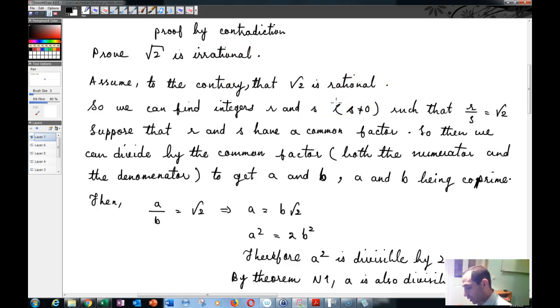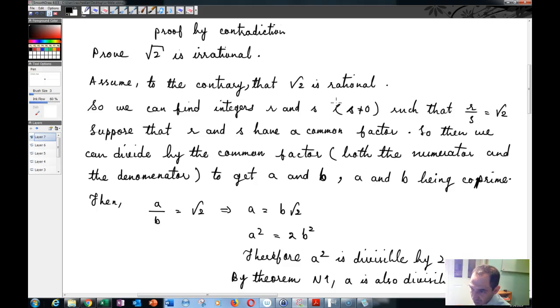And then you have to take the kind of steps in such a way that some fact is contradicted in the process.